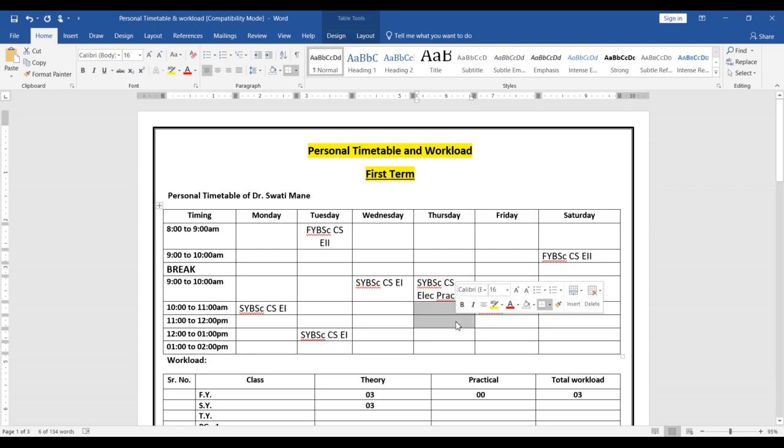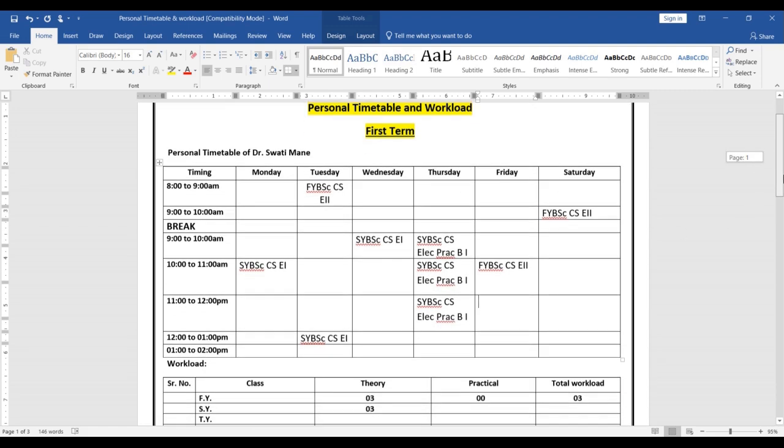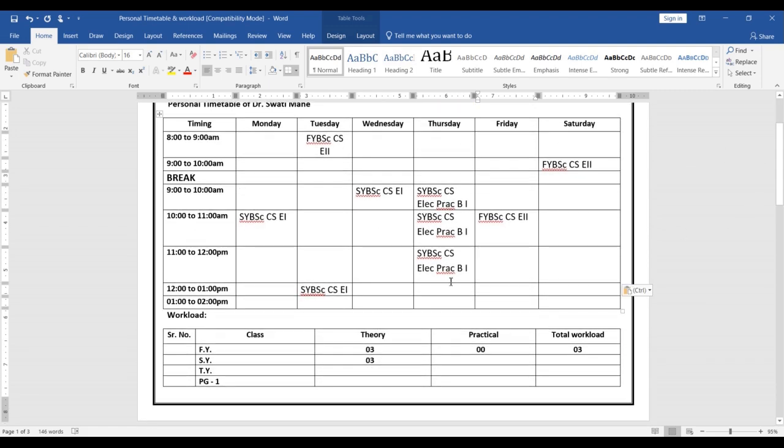So on Thursday I have practical from 9 to 12. So 3 continuous practical slots are there for me. Then if you count the practical workload, it will be 3 because 3 practical slots are allotted to me. I have to mention under practical column 3.